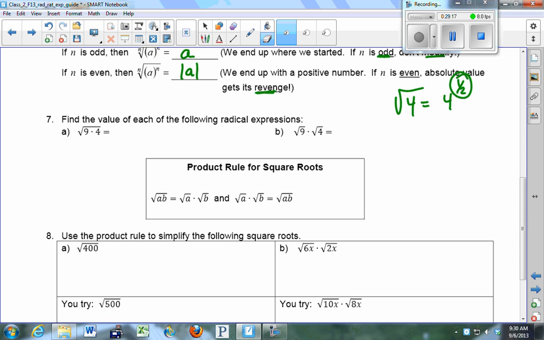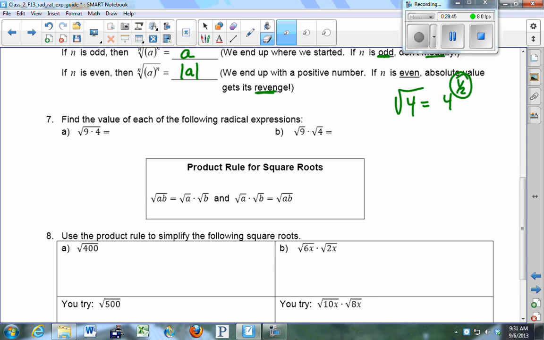Now, all of your exponent properties apply to multiplication and division. So anytime you have a radical, since it's just another way of writing an exponent, the same properties apply to radicals that apply to exponents. If you take the square root of a product, it's the same thing as taking the square root of each individual factor.